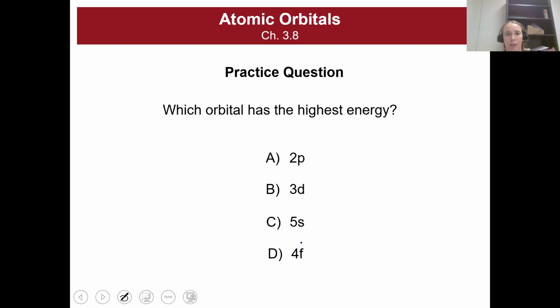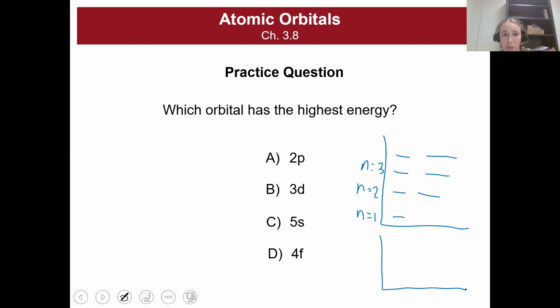Cool. Last one. Which orbital has the highest energy? So in the hydrogen atom, we're just going to focus on the hydrogen atom. I should have mentioned that in the hydrogen atom, n equals 1, n equals 2, n equals 3, so on and so forth, these are all equal, but in other atoms, as we'll see in chapter 4, they aren't always equal.